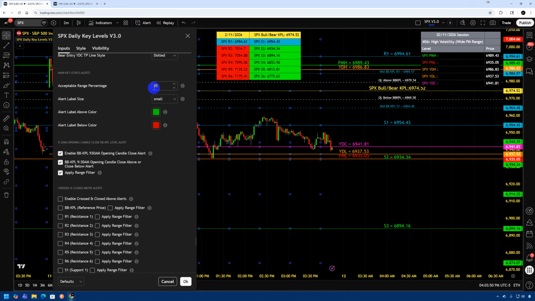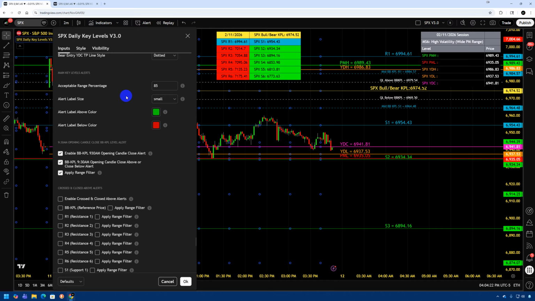Now, in practice and for your own purposes, you may want to set this at a lower amount. You can set it even at a higher amount if you would like. However, we don't recommend that. But that is up to you. You may find that you prefer to define your acceptable range percentage as a lower amount, and that is fine as well. Every trader is different, and this is the max that it should be.